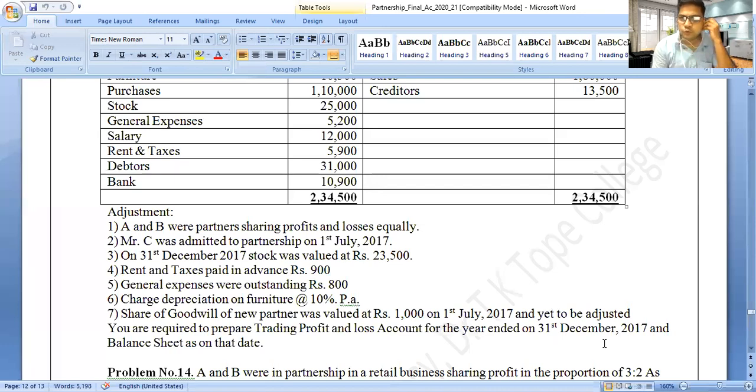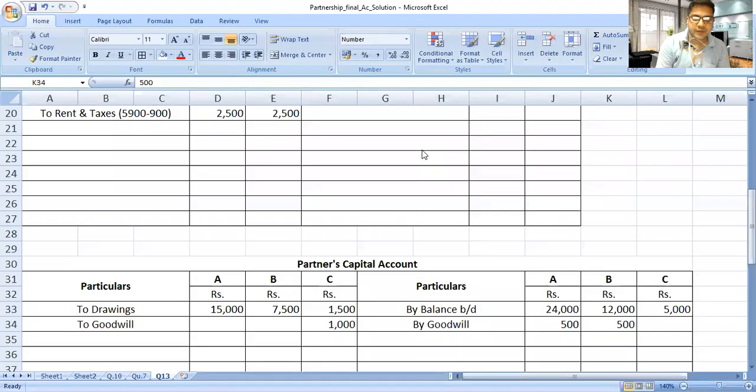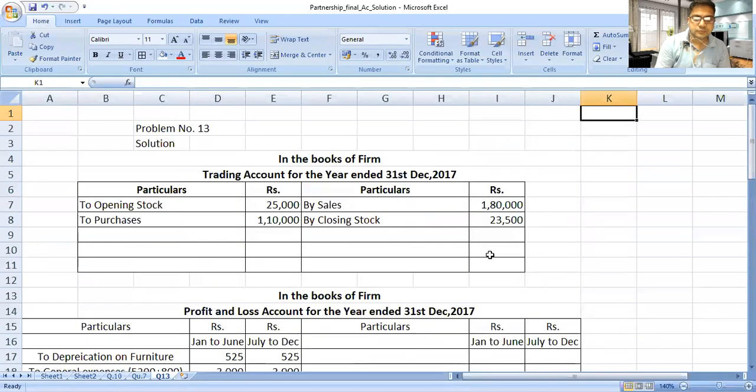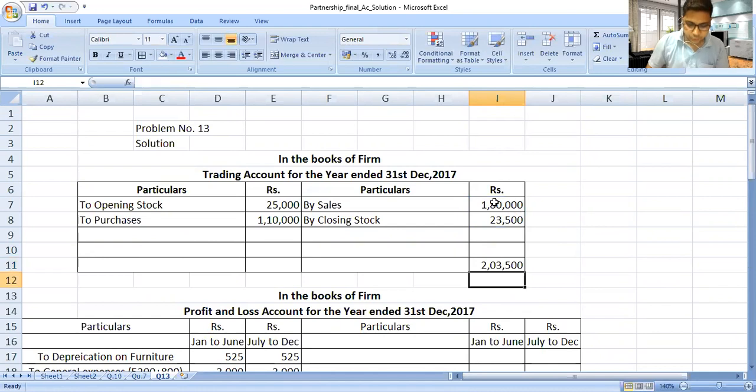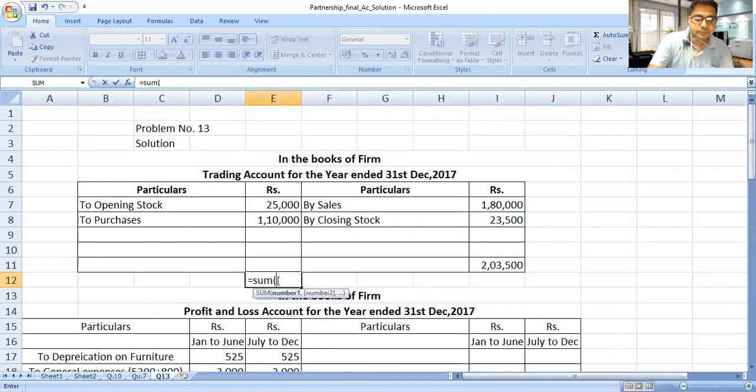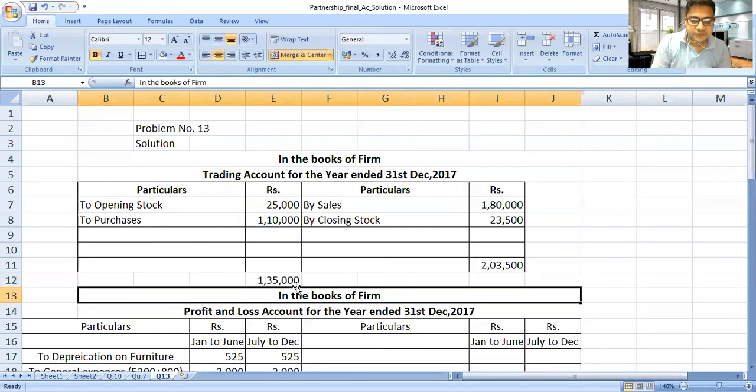Now we have to close our trading account first and find out the gross profit. Close this: credit side total is 2,03,500. And the debit side total is 1,35,000.